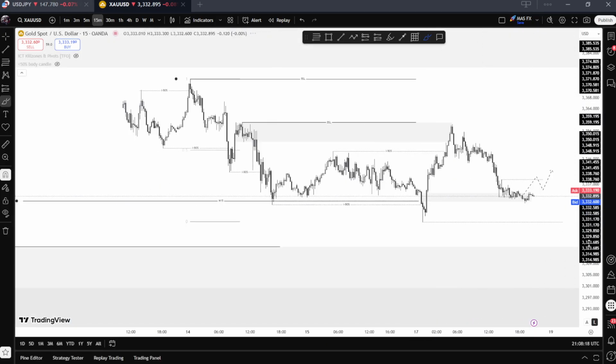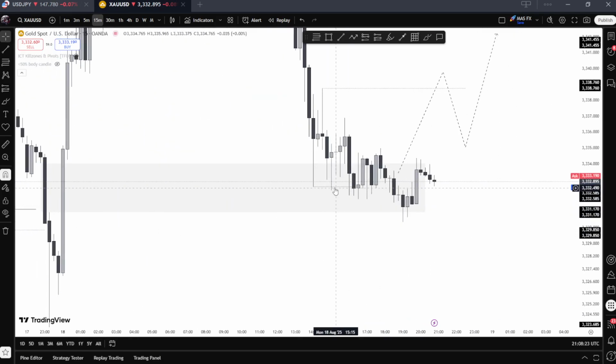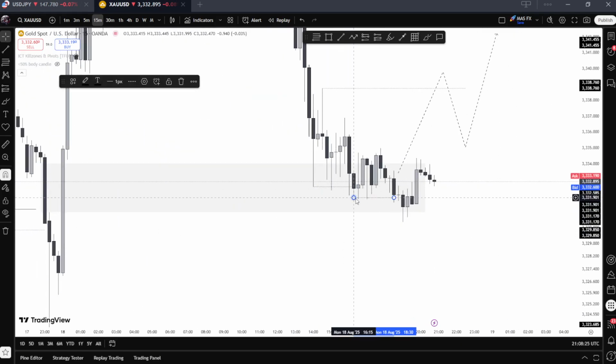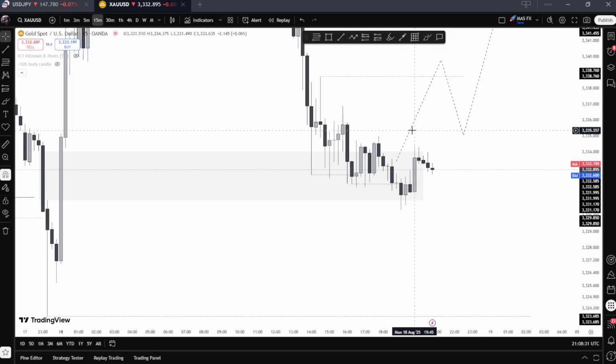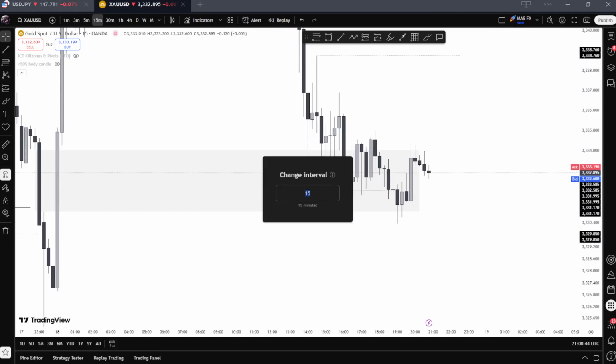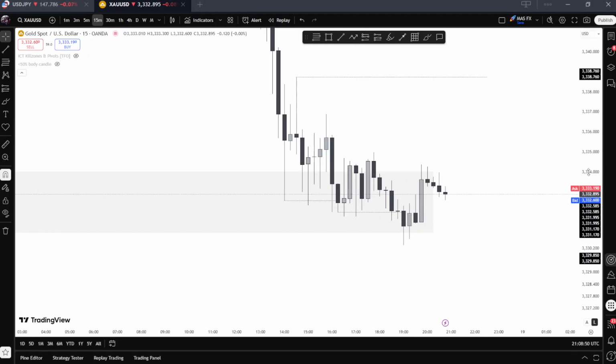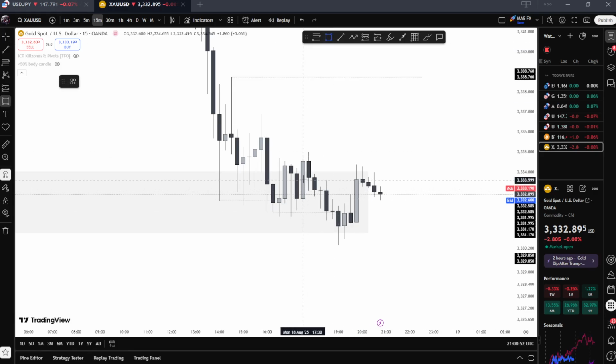So on the M15 currency, as you can see, we have had the first break here, taking this low to this low here. So we're having a reaction from the supply here.